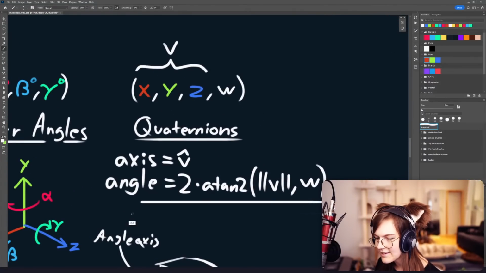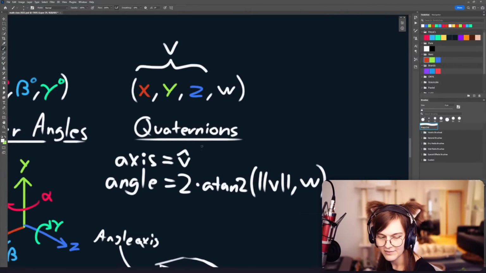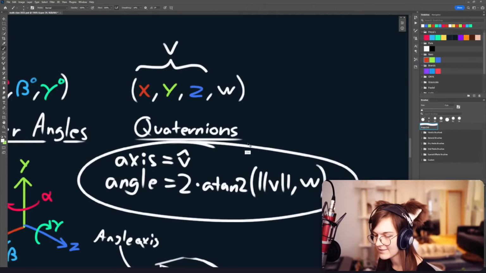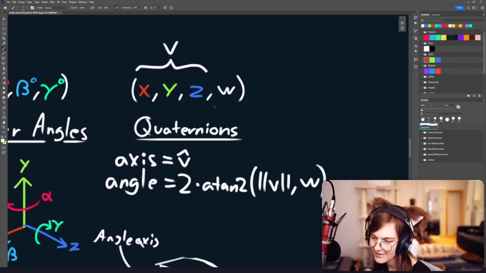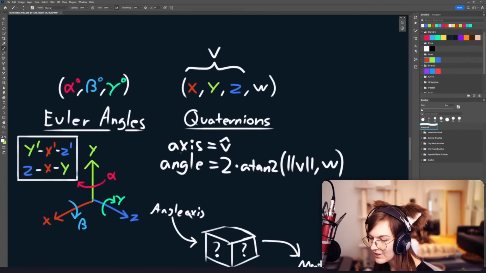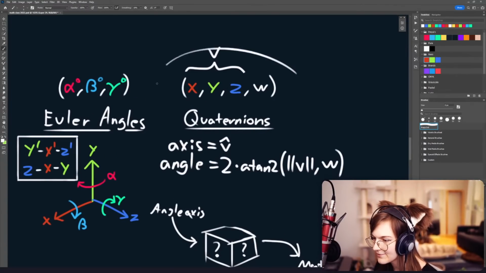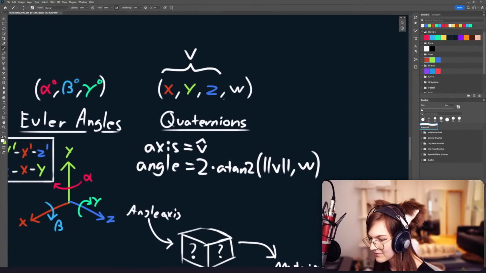So as you can see, quaternions and axis angle, they're not the same thing. They are different. So it's very important to keep that in mind, because if you treat this one as an angle axis, you're going to get the wrong results.